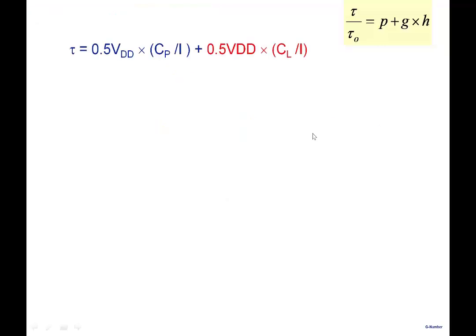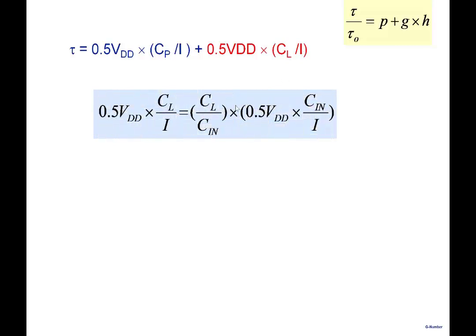So that's okay. Let's come to the second part. G into H. What is this G into H here? So 0.5 VDD CL by I. Now this one, 0.5 VDD CL by I, is being written as CL by C in into 0.5 VDD C in by I. Now what is C in?